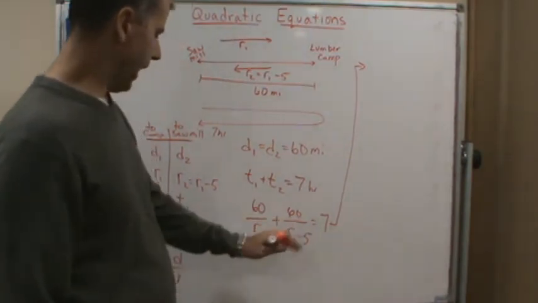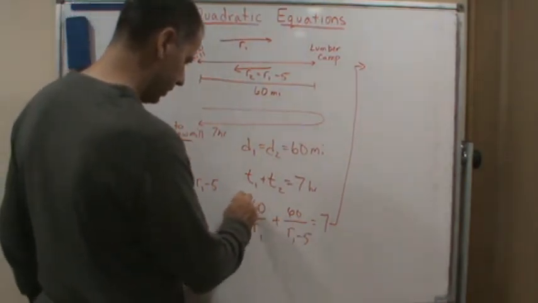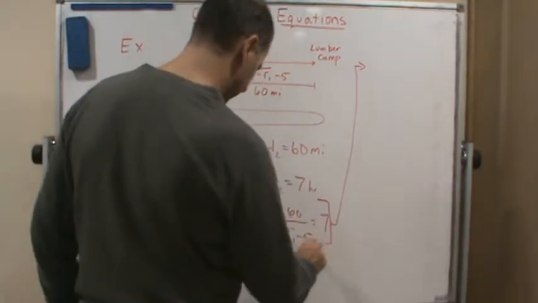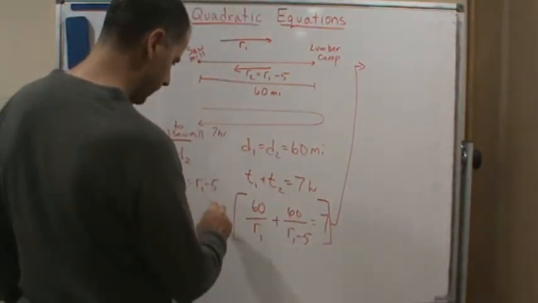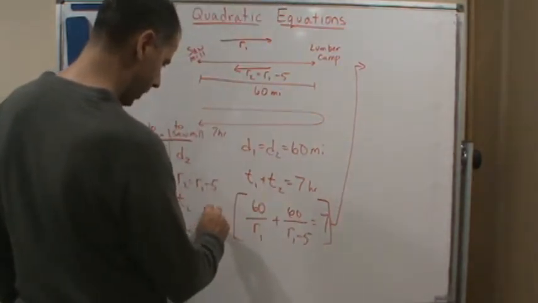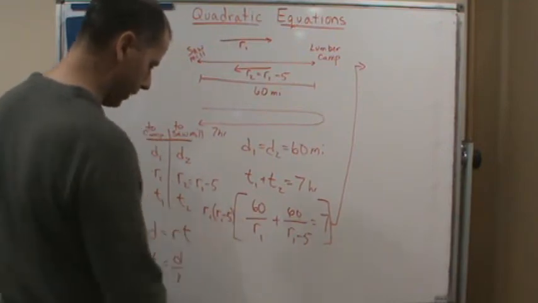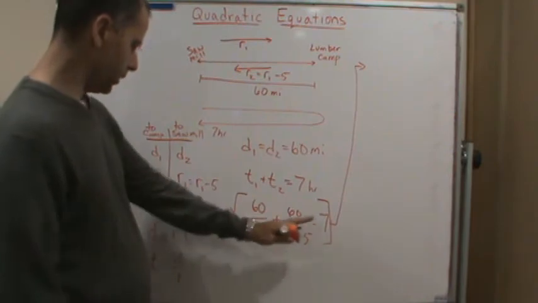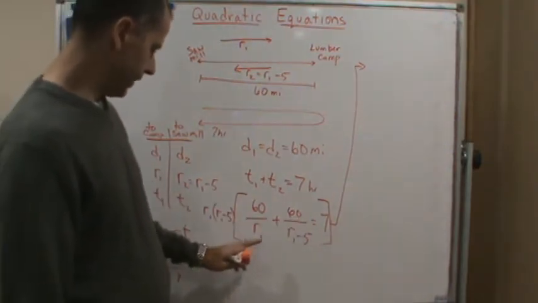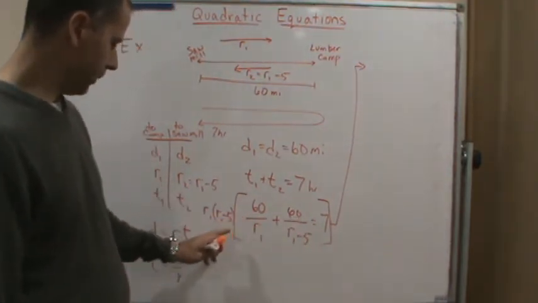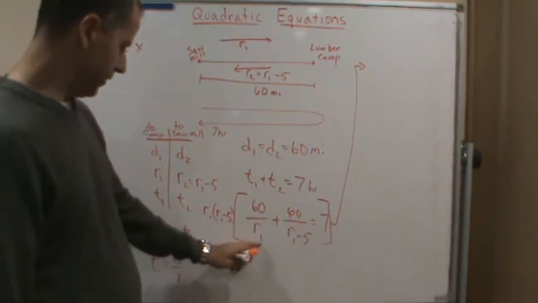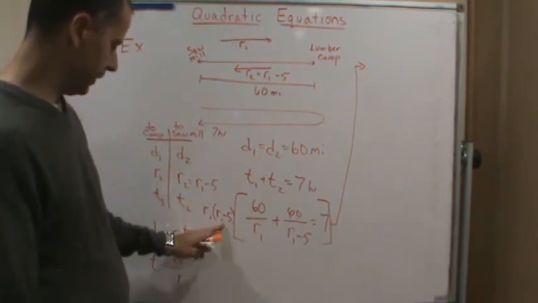So I'm going to multiply this whole thing by R1 times R1 minus 5. And that's going to get rid of the fractions. So this is going to cancel with this, and I'm going to leave this.